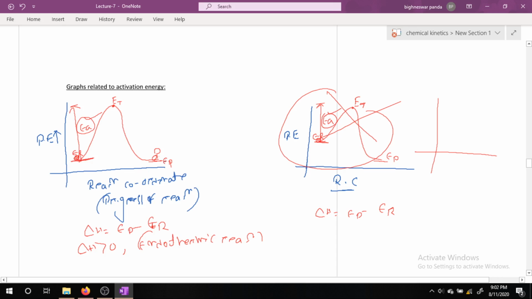EP has energy less than ER. That means delta H is less than 0. EP has energy less than ER, so delta H less than 0. So this is not endothermic, it is exothermic.